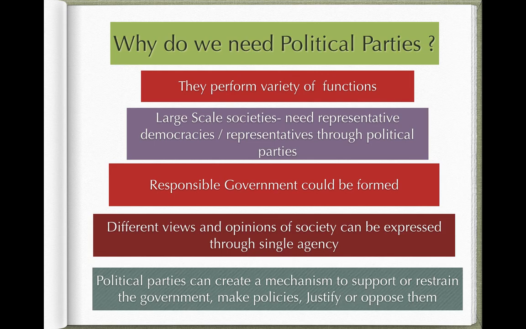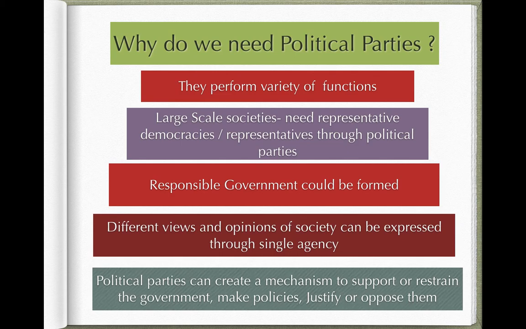And the last reason why we need political parties is because they create a mechanism to support or restrain the government. They create a mechanism to make policies, justify or oppose them. Okay, so political parties create a mechanism, a system, through which we can support the government for some work or restrain and control it for some other work.